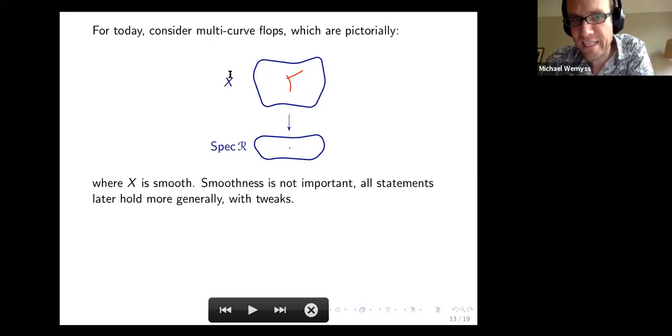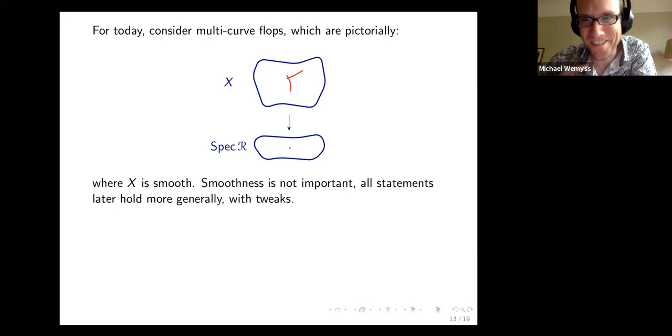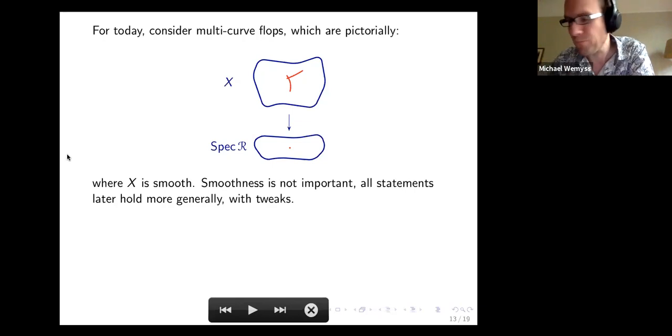The only thing that changes between X and Spec R is that Spec R has a point, and this is replaced by two curves. Today I'm going to assume that X is smooth. Morally, I don't like doing this. It's not in any way important, and everything else follows more generally, but you have to tweak the language a bit.